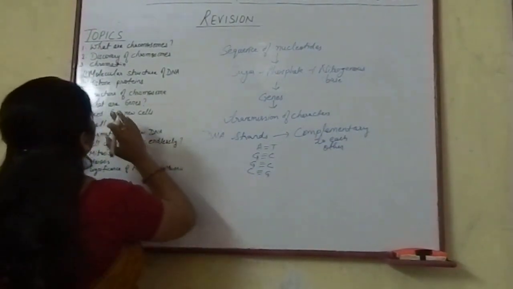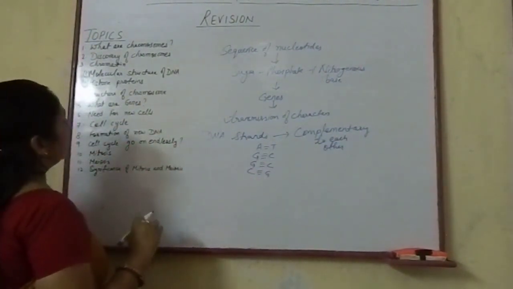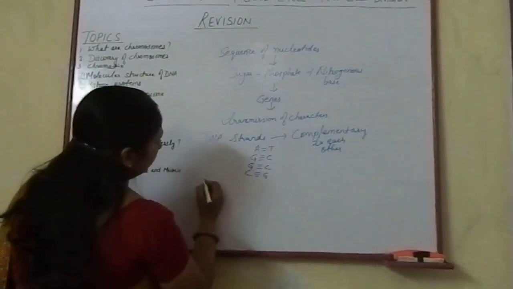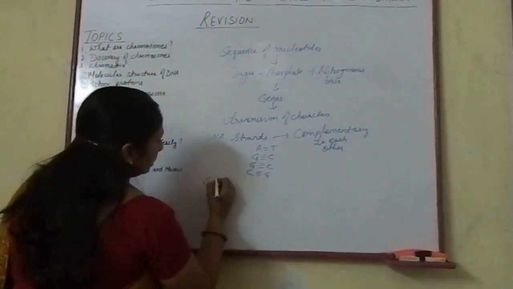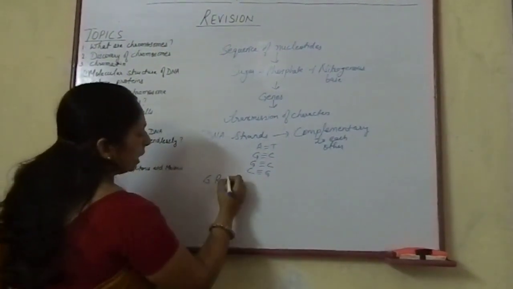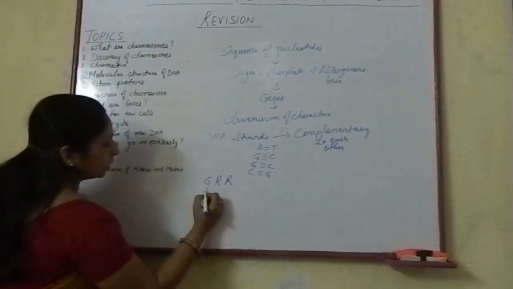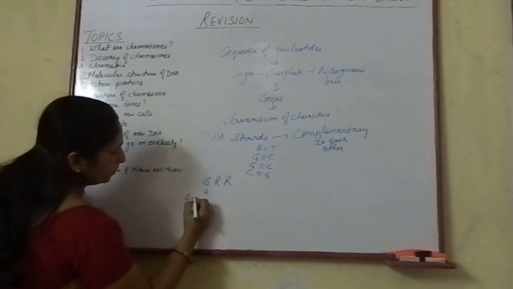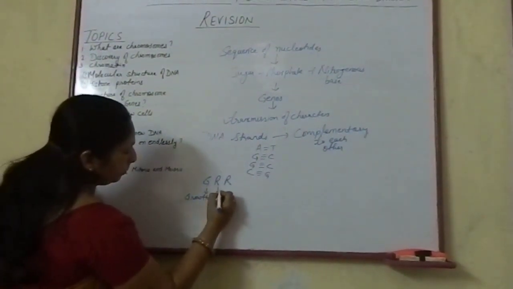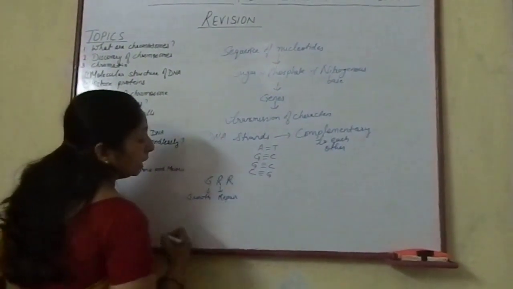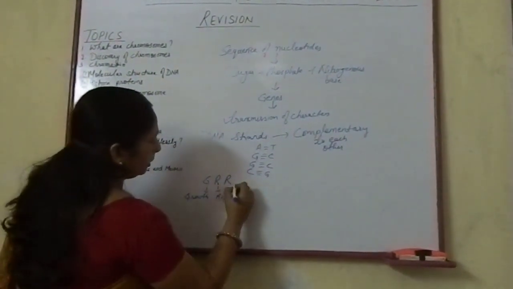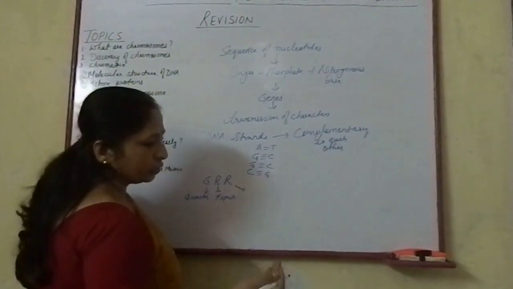Then next is the need for new cells. New cells are required for growth, repair and replacement. Growth of an organism, repair of dead and torn tissues, replacement of cells.